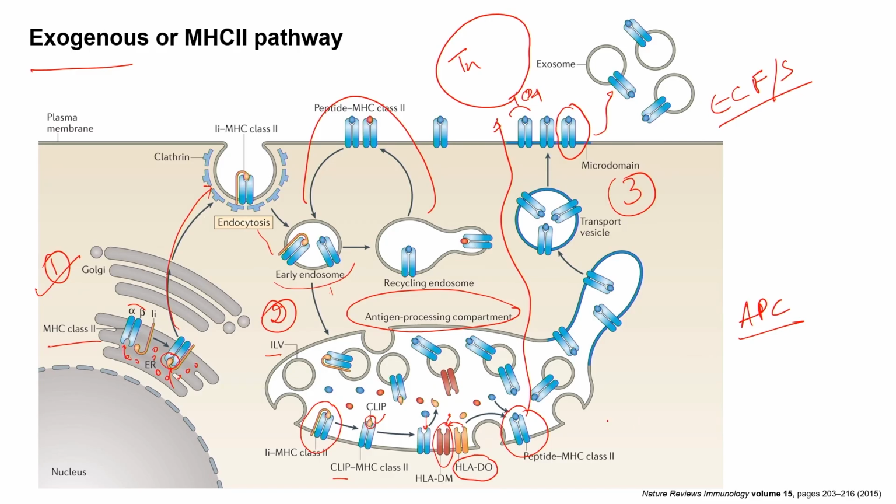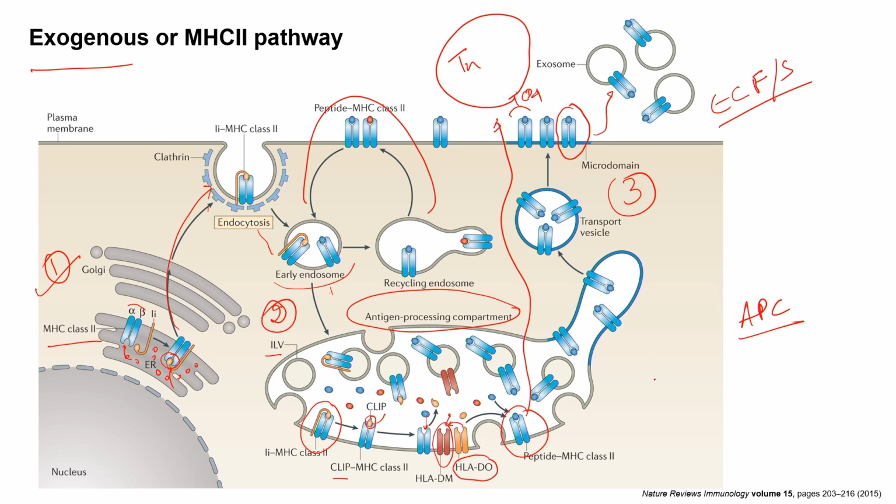So, the first one is recycling of the MHC2 molecules through the Li chain, and second is actually the processing of the foreign peptides over the MHC2 with the help of the HLA, DM and DO molecules, and of course, the removal of clip and the Li cleavage by proteases.